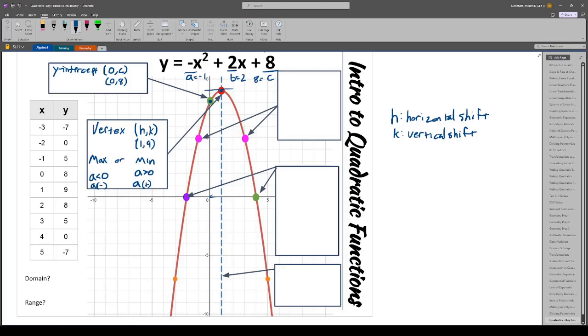Next, we're going to drop down to these two dots on the x-axis, the purple and green ones here. These are the x-intercepts. And we've mentioned earlier in the year, but there are several different vocabulary words that we use for x-intercepts, and you need to recognize all of them. So x-intercepts is maybe the least used one.